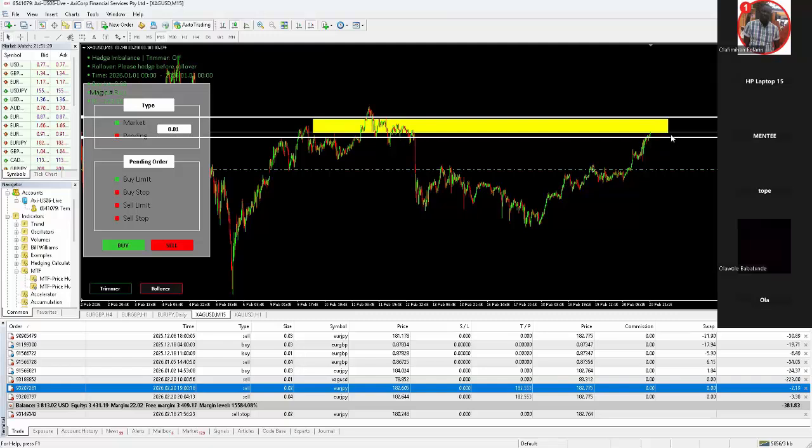I won't sell immediately where the price is. I want to sell below here. And if I'm selling below here at 0.01, I'm going to make sure this one becomes 0.02, because this market can come, hit this, and start going like this.